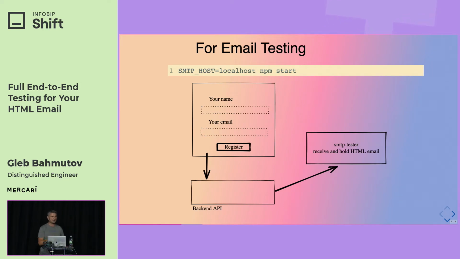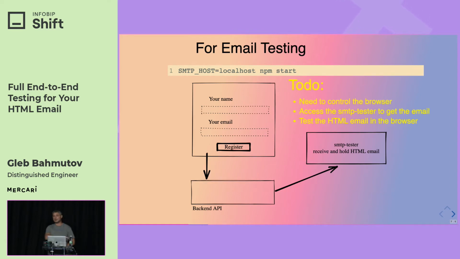So the easiest thing, if you want to test your email to make sure it works correctly, that it contains the right text and the right HTML format, is to point your backend API at it. You take the environment variable, SMTP host, and you say localhost. And if that SMTP server is running, then you will get all the emails. They will not go out to the outside world. They'll go to your machine.